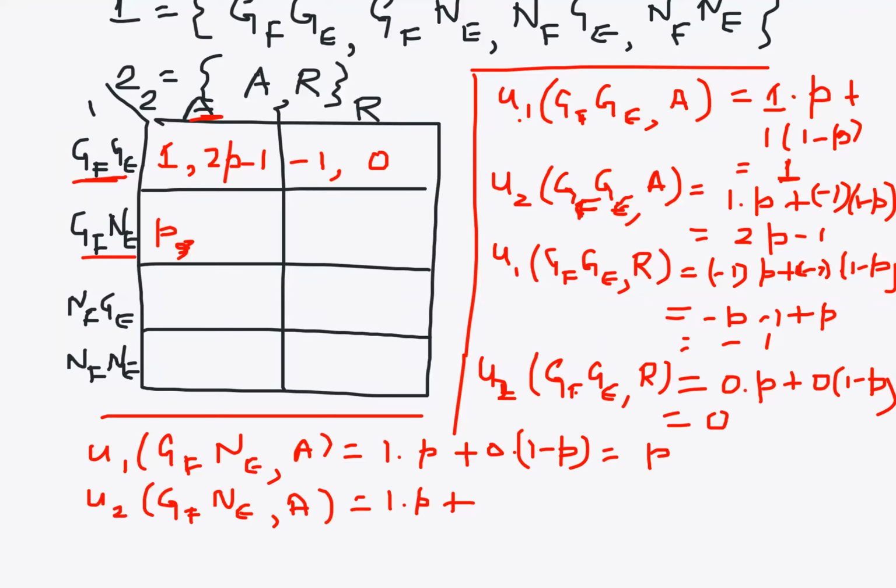So the strategy for player 2 is to accept, but that's out of equilibrium path, it's out of the sequence we're playing. So in that case, here you get 0 times 1 minus P. So once again, here it's P. So payoff for player 2 is also P in this.